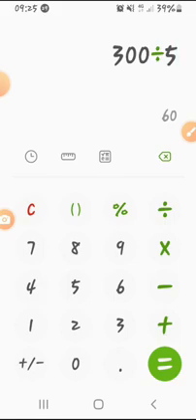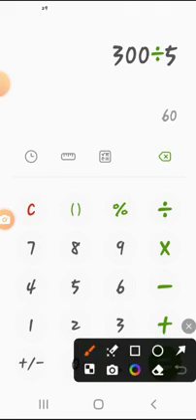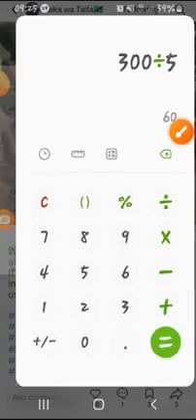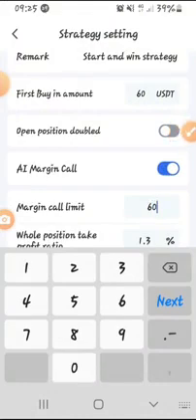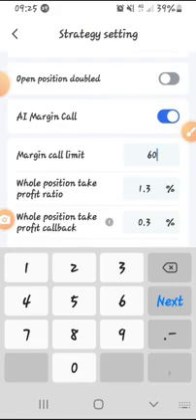Once we divide by 5, we are going to get 60. So 60 becomes our margin calls. These are the times the robot is going to buy when the market is going down, when the market is dipping down. We have put 60 as our margin calls.